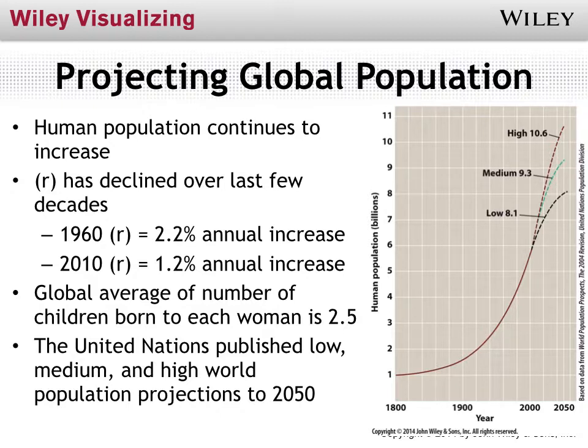We've only been increasing at a 1.2% rate worldwide, which is about half of what it was back in 1960. The average number of children born to each woman across the world is now about 2.5, whereas, again, not that long ago, it was much greater than that.